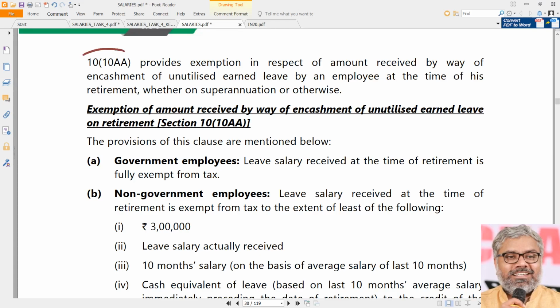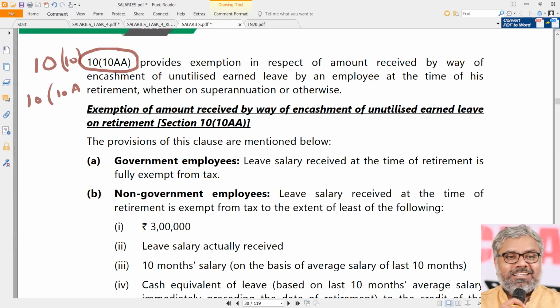But what are we talking about now? We are talking about the exemption available to that. The exemption available to leave salary is contained in section 10(10AA). You need to remember these sections. Once again, gratuity was 10(10) only. Whereas pension was 10(10A), which pension?